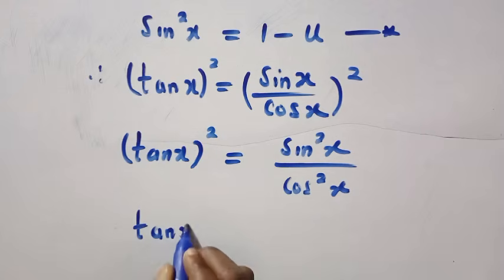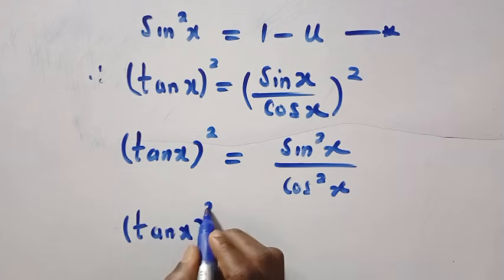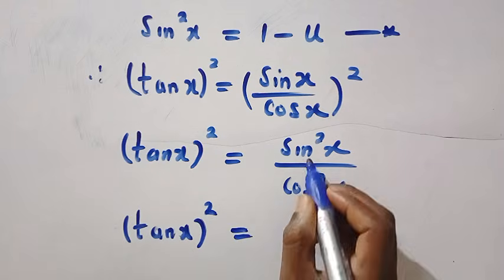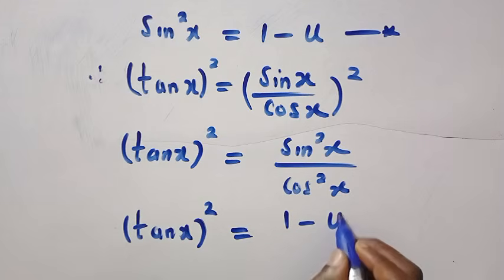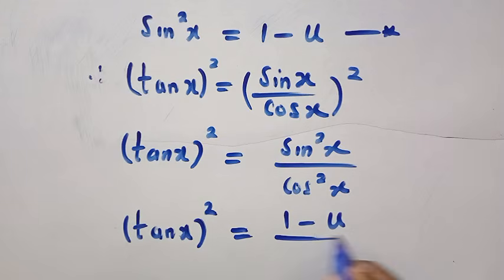We have tan squared x equals sine squared x, that is 1 minus u, divided by cos squared x, which is u.